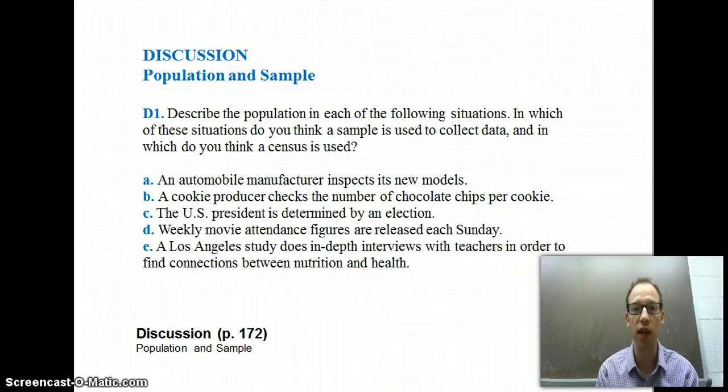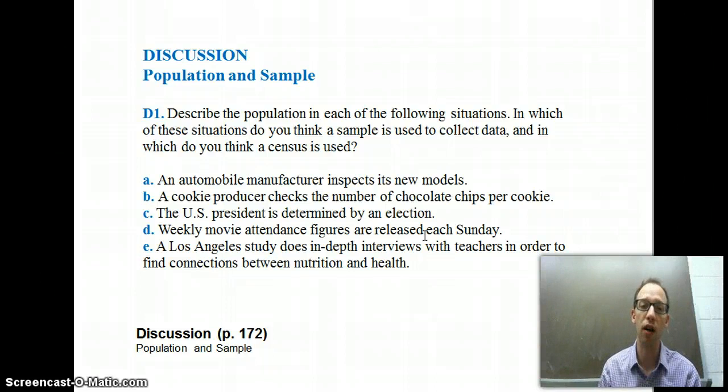You would hope there's some inspection process certifying this car for use. On the other hand, if it's a very in-depth inspection of some of the smaller parts, that one is probably only done sporadically, every 1,000th model or something like that. So it wouldn't be realistic to do it for every car.